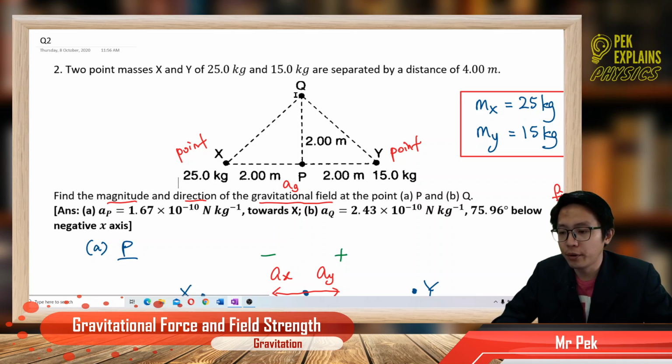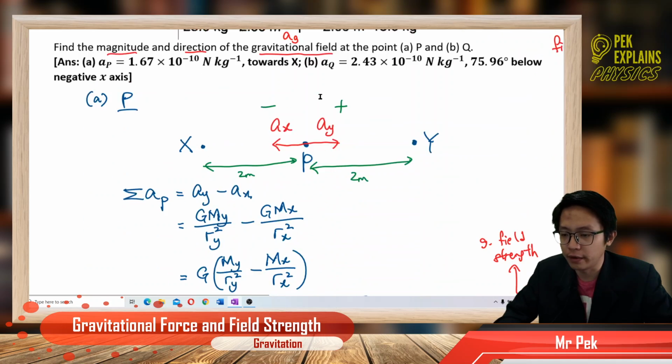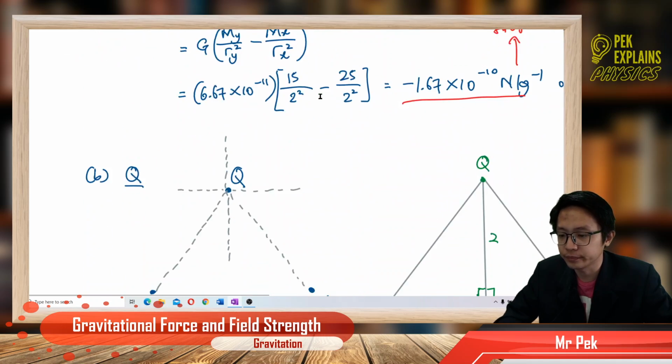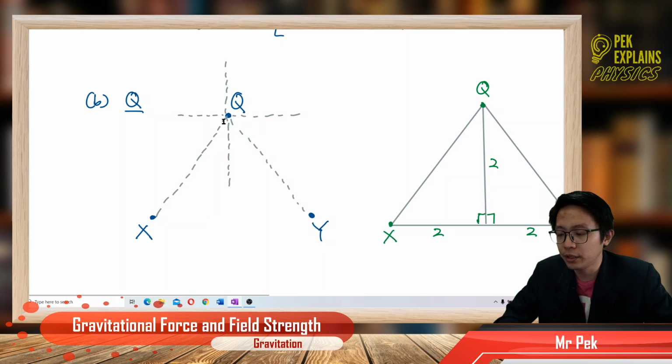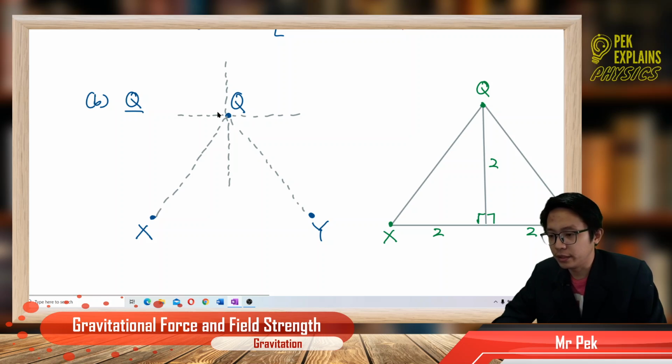At point Q, where is the direction of gravitational field? I redraw over here: point Q, X and Y. Let us first draw the gravitational field by X. It attracts towards X. Gravitational field is a vector, so you must draw arrows.